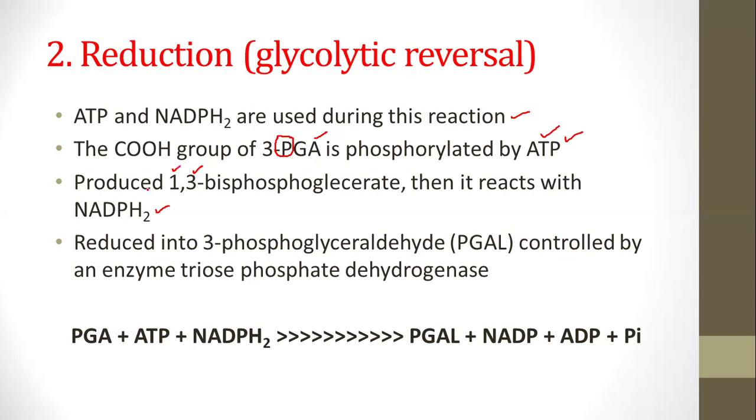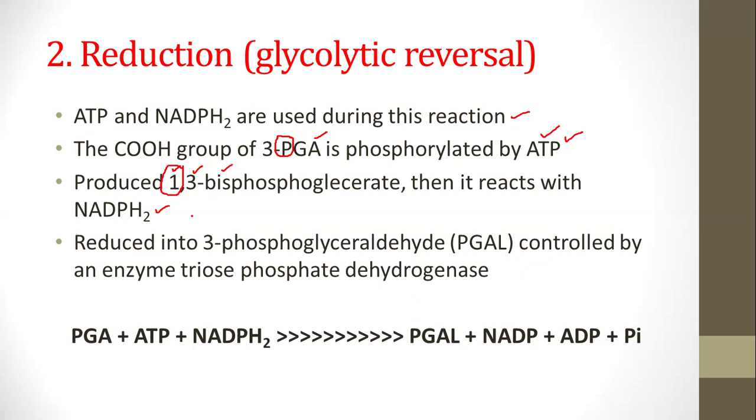However, in the case of 1,3-bisphosphoglycerate, an extra phosphate group is attached at carbon number 1. The compound is known as bisphosphoglycerate. Bis means two phosphate groups are present at different carbons.